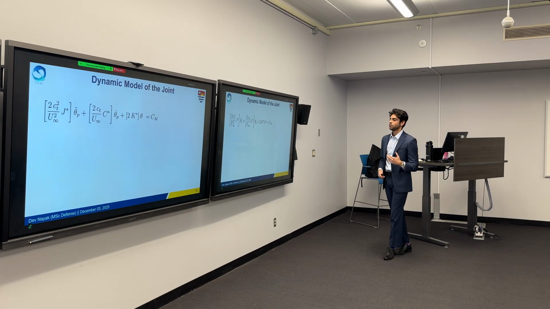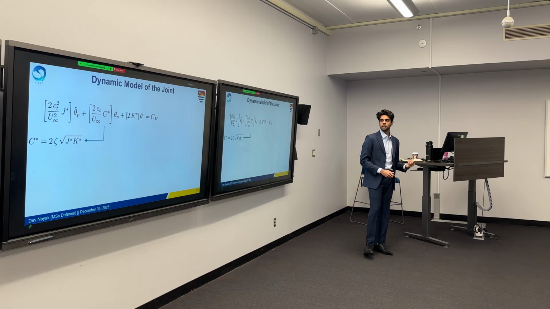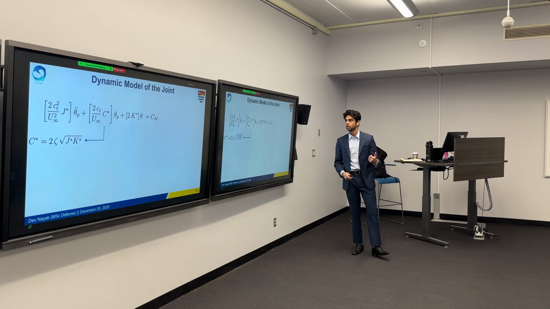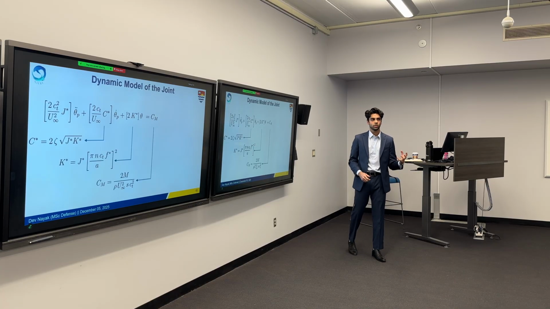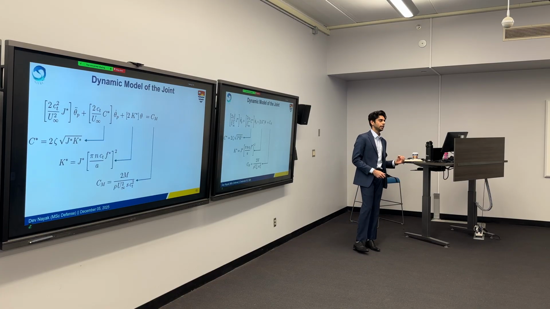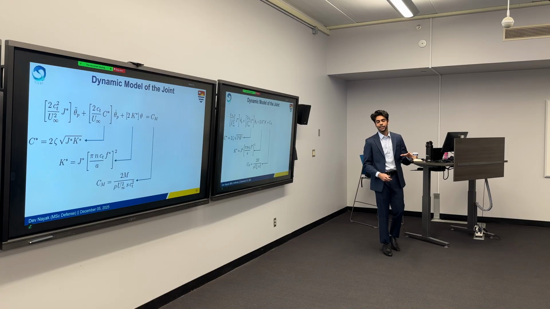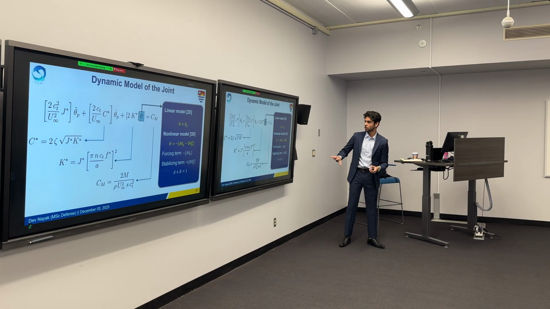This is the governing force balance equation that governs the pitching of the swimmer. So what we have done is we've used the damper, we have also used the stiffness, and that is equal to the moment coefficient that we have for the swimming mode. Now here in this equation, we can segregate it into 2 components, one for the linear model and the other for the nonlinear.